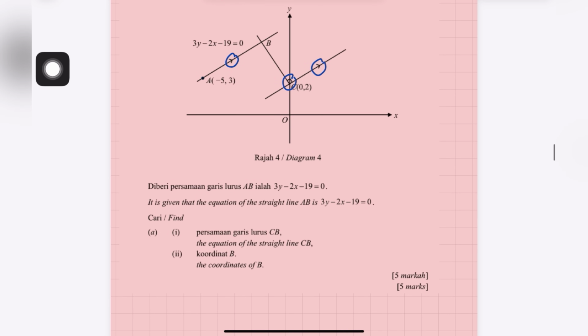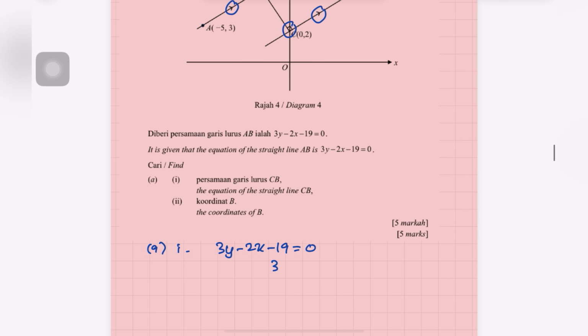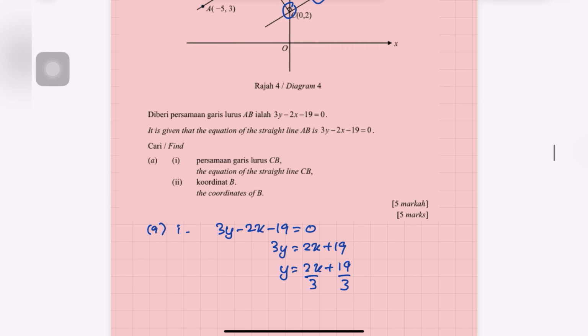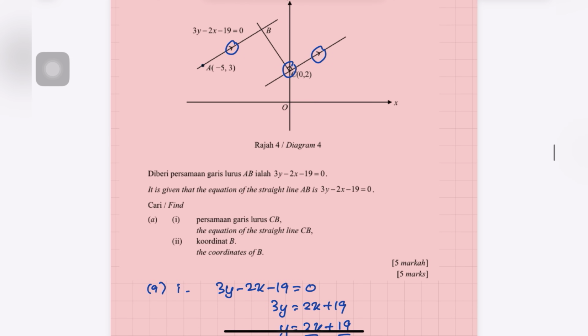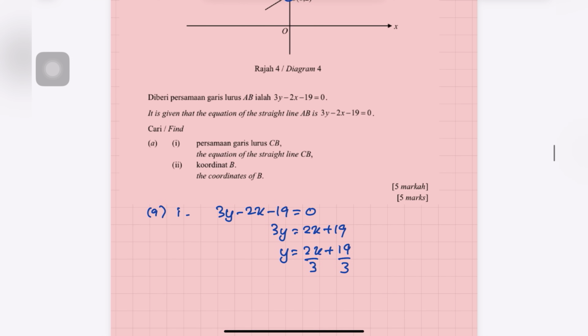So for A Roman 1, we have 3y minus 2x minus 19 equals 0. So we can find 3y equals 2x plus 19. So y equals 2x plus 19, sorry, over 3, over 3. So gradient AB is 2 over 3.